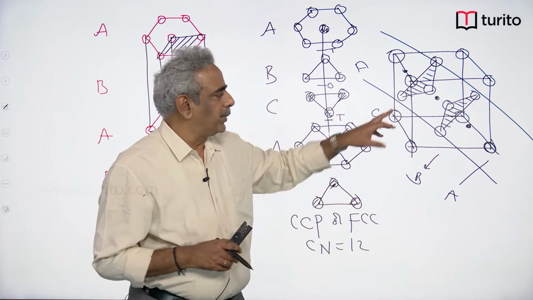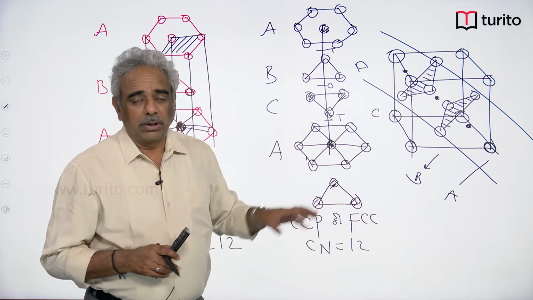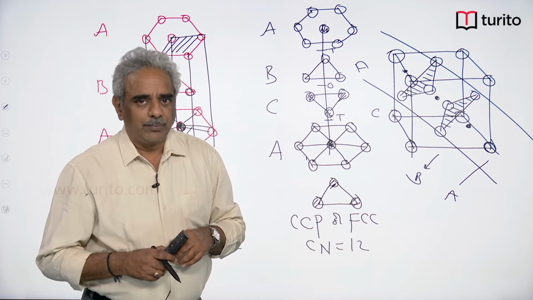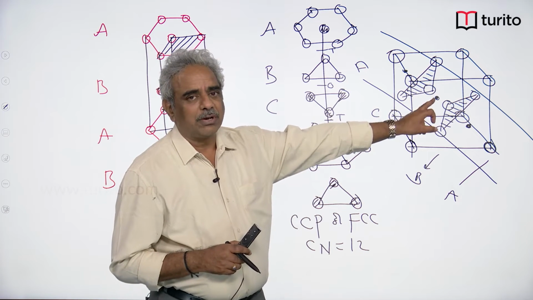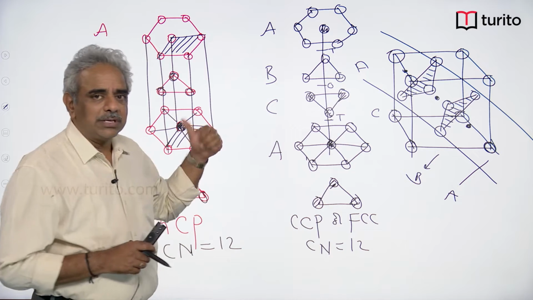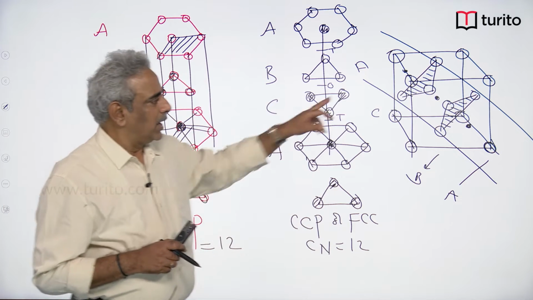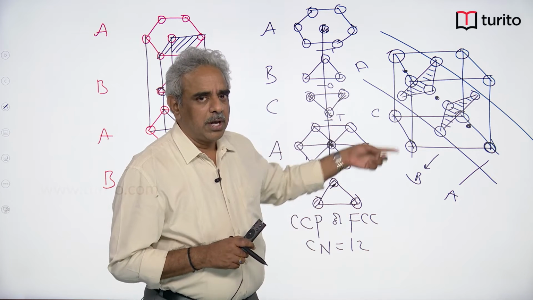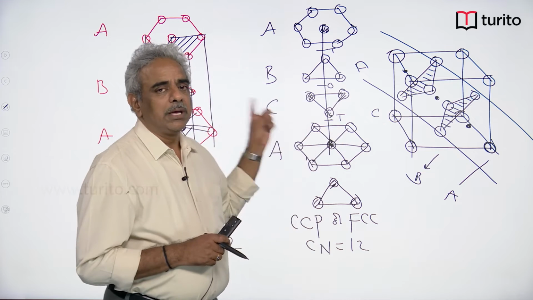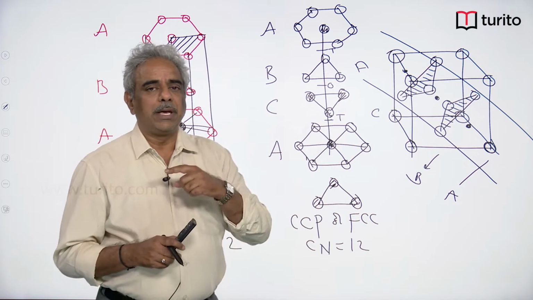Because unit cell is a representative of the crystal system, you should be able to prove the coordination number is 12 using that unit cell, and whatever is the packing efficiency of this unit cell is the packing efficiency of this also, because these two have same packing efficiency, and this is the unit cell of this arrangement. If you can decide the packing efficiency of this unit cell, that is going to be the same packing efficiency for both ABC and AB type.